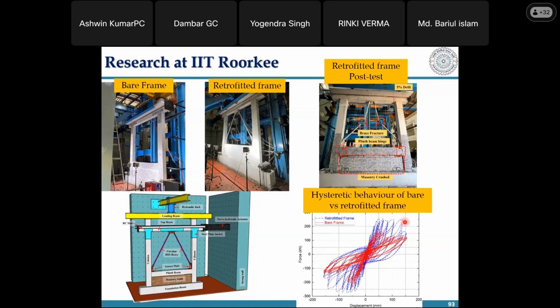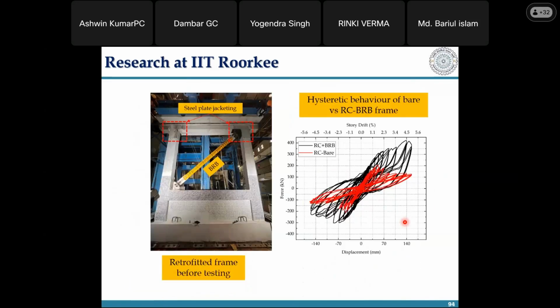So the question is, yes, we can give steel braces to new as well as older RCC construction. We have also done testing with BRB; an in-house BRB was prepared and tested. You can see the RC bare element is this, and the RC with BRB is giving higher energy dissipation. The graph has not been refined, so you can see the vibrations across the testing.